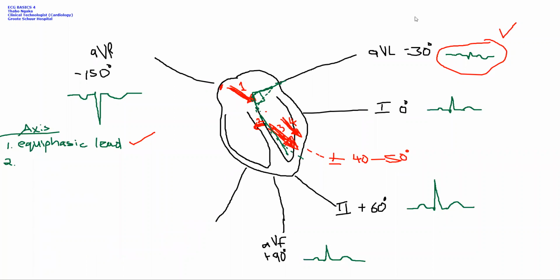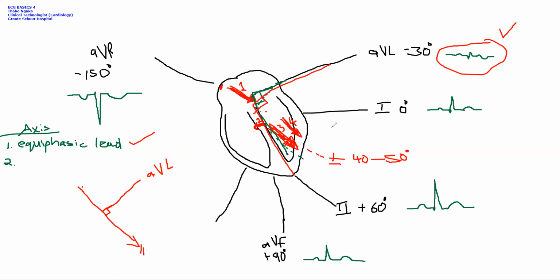Now, if this is AVL, and an impulse is moving 90 degrees to that, it means this impulse is either moving this way. Okay, so first of all, let's identify the lead that is perpendicular to AVL. That would be lead 2, okay? Lead 2 is perpendicular to AVL. Let's all agree on that.